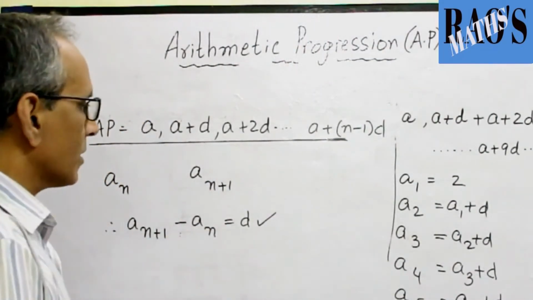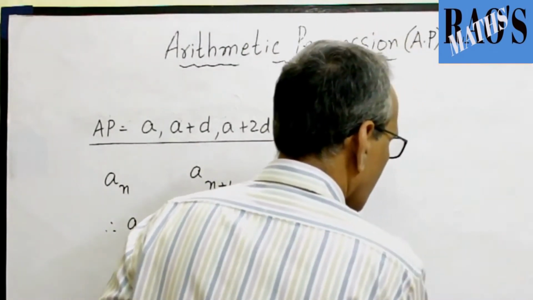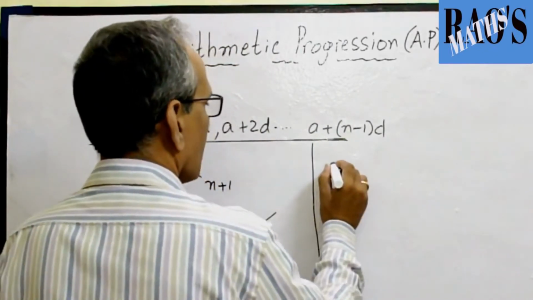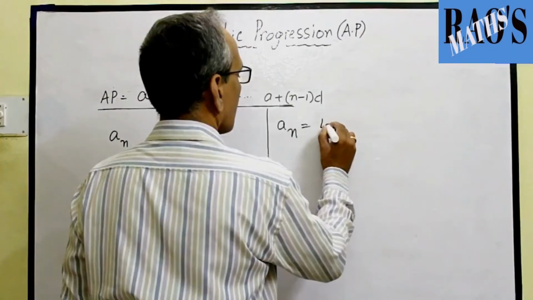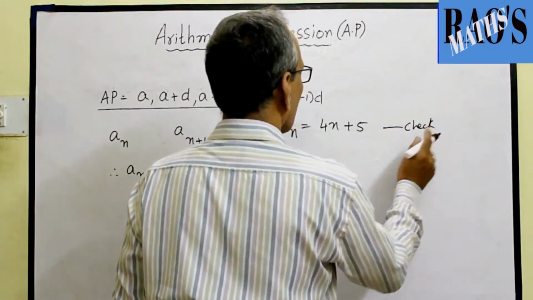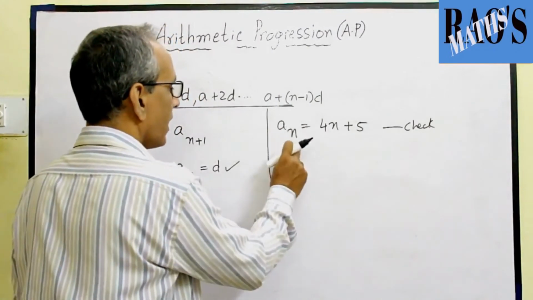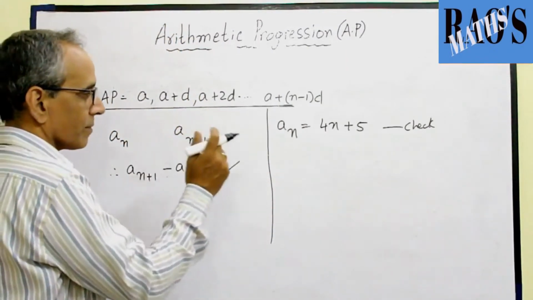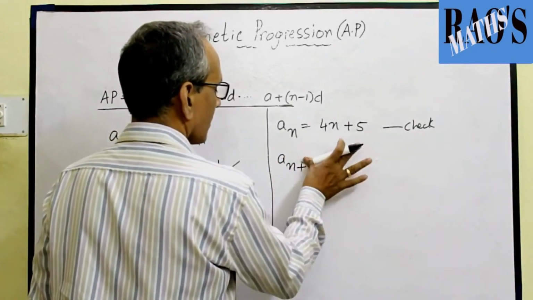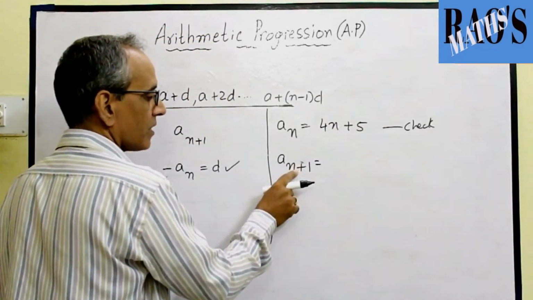Let's work on one question based on this rule. Suppose you are given an is equal to 4n plus 5. You have to check whether this is a term of an AP or not. Okay, you are given an. Let's find a(n plus 1). So a(n plus 1) is equal to, now substitute n plus 1 in the place of n.